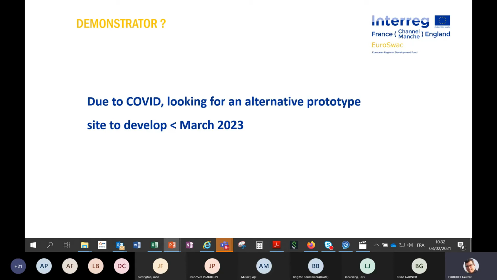So we are clearly looking at the moment for an alternative prototype somewhere in the channel area to develop. And that's why we expect that this meeting will help us to find some potential end users that may enter the partnership, and we can find a prototype to develop.